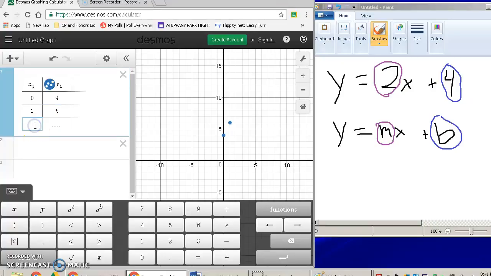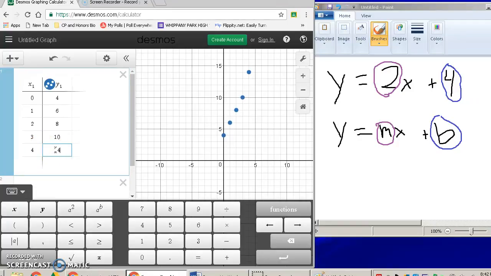And if we keep going, for x equals 2, from the previous y value it's going to increase by another 2, giving us 8. If we go to 3, it should go to 10. And then let's do 4, which should then go to 12.